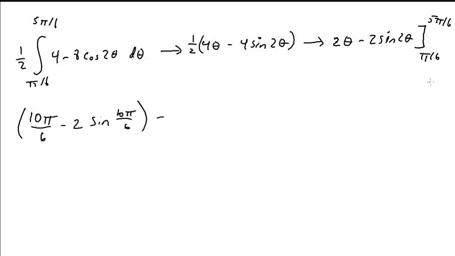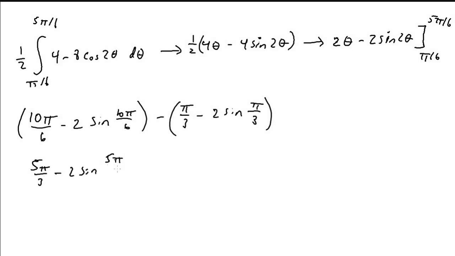So then 2 times pi over 6 is obviously 2 pi over 6, or pi over 3, minus 2 times sine of 2 times pi over 6, or pi over 3. Now 10 pi over 6 can be simplified to 5 pi over 3, minus 2 times sine of 5 pi over 3.